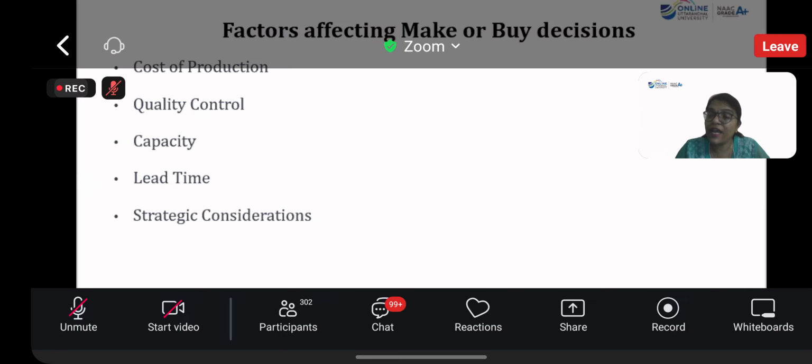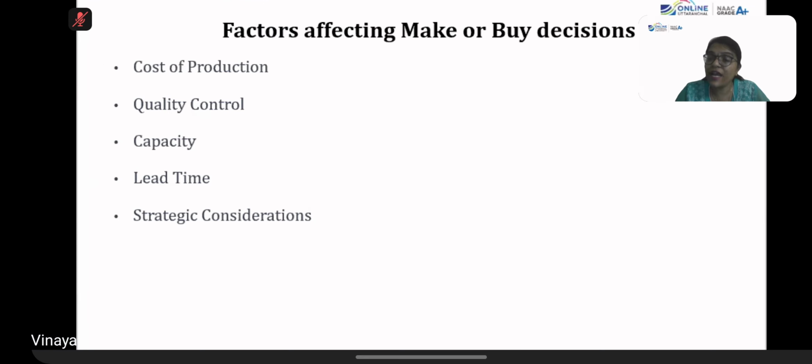That decision you can make in your make or buy decision. Then comes quality control. Ensuring quality is very crucial in-house because you have to follow strict quality control and customization.